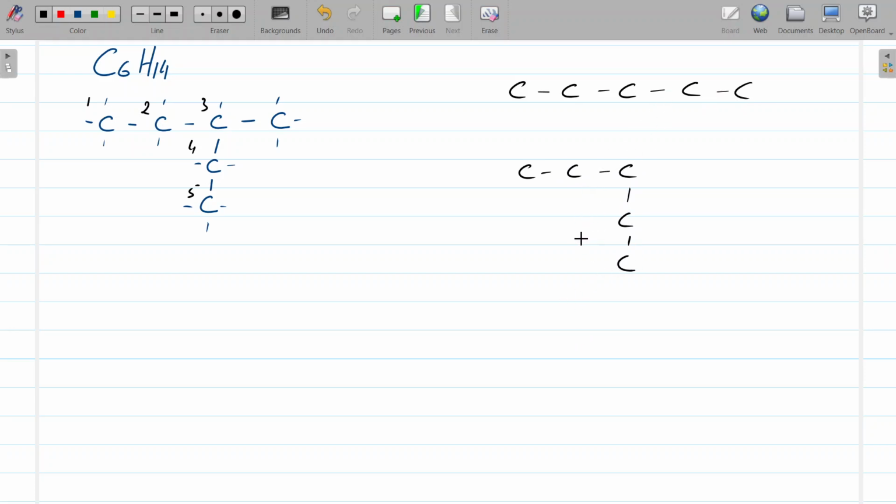No, because it's a continuous chain. No one said it's supposed to be a straight chain. I can draw it bent down. Normally I wouldn't do that, but the point to make clear is even if I'm drawing a bend, it's a continuous chain. So what you're looking for is the longest continuous chain.